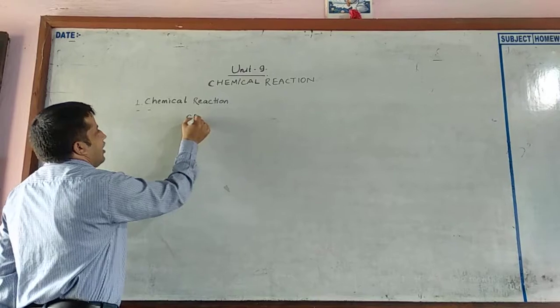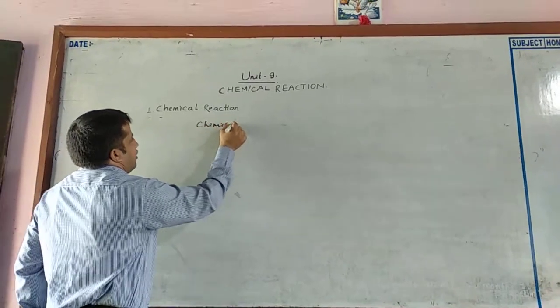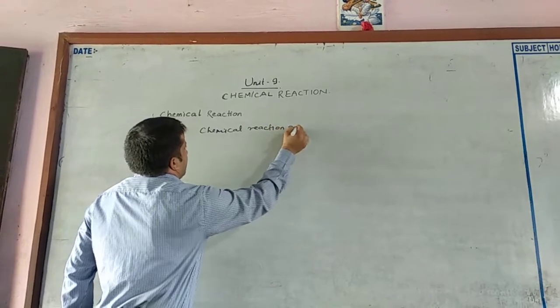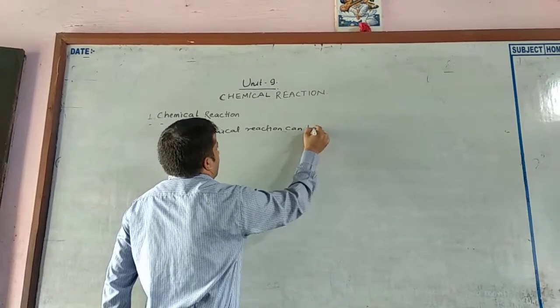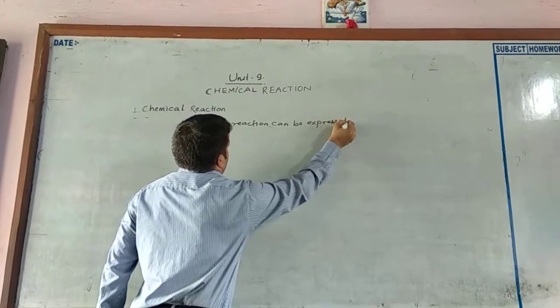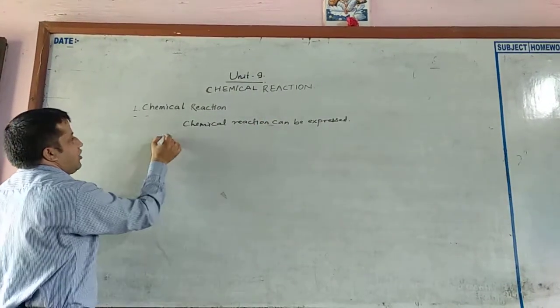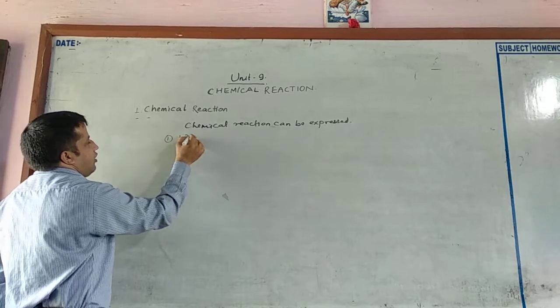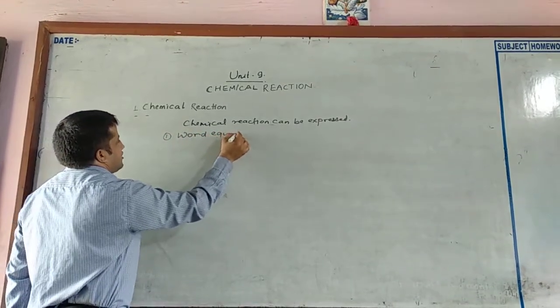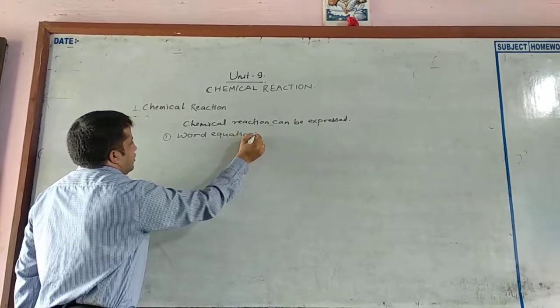A chemical reaction can be expressed in different ways. One of the ways is by using a word equation. So we call it a word equation.